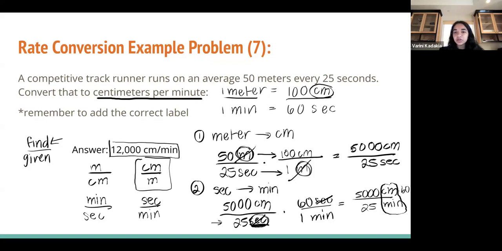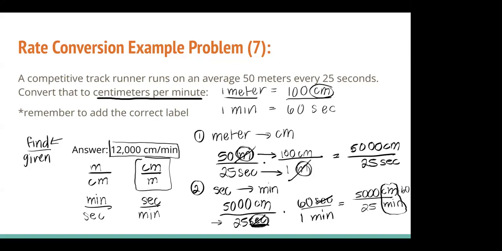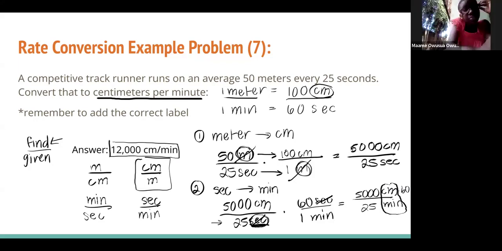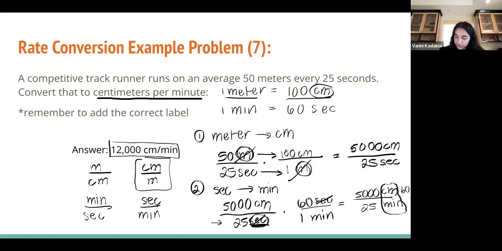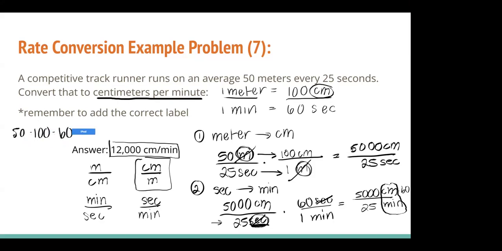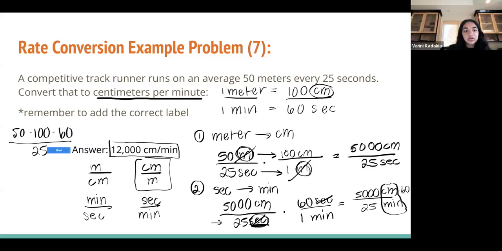Does that make sense to everyone? Is it the 5,000 times the 60 that gives you the 12,000? I can show you how to do the multiplication. We had 50 times 100 times 60, divided by 25, right?